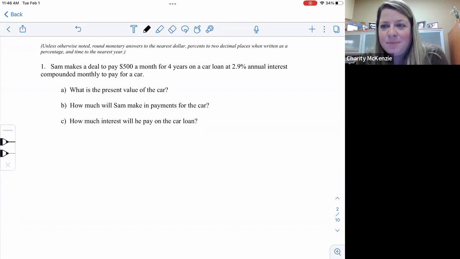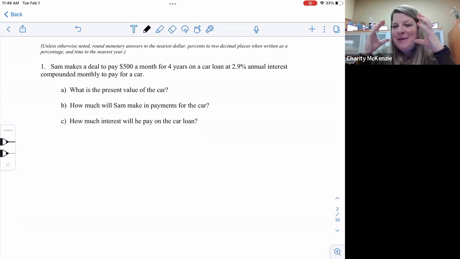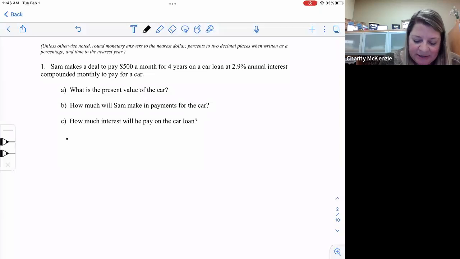If that car blue books at 13,000 and you do this present value formula and it comes to 20,000, you're not getting a deal. So it helps you when someone gives you a payment to come and be like, well, what's it going to be? So it's like adding up all of your payments for you. So part A, I'll do it down here just because I need a little more room to write with this Apple Pen.